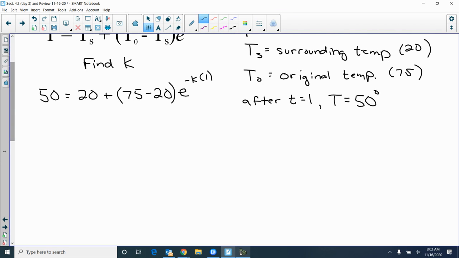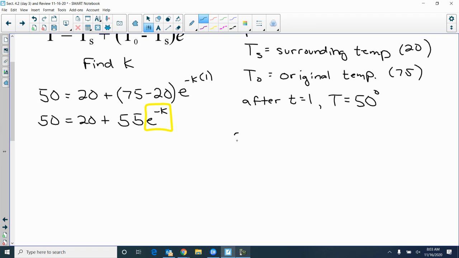All right, a couple algebra mistakes you've got to watch here. This becomes 50 equals 20, plus 75 minus 20 is 55, e to the negative K. What I want to do is get e to the negative K by itself. Probably the biggest mistake we typically see is you want to add 20 plus 55 together and make that 75 e to the negative K. You cannot do that because the 55 is a coefficient of that.